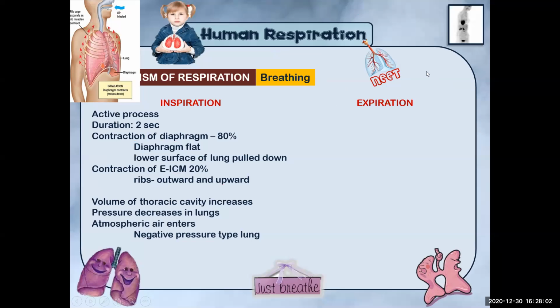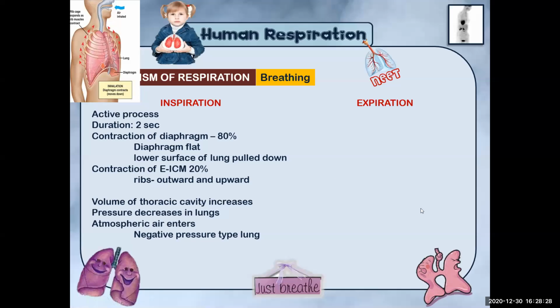Now in expiration, the process will be ulta. So if I want the ribs to go inward and downward instead of outward and upward, what should happen to external intercostal muscles?